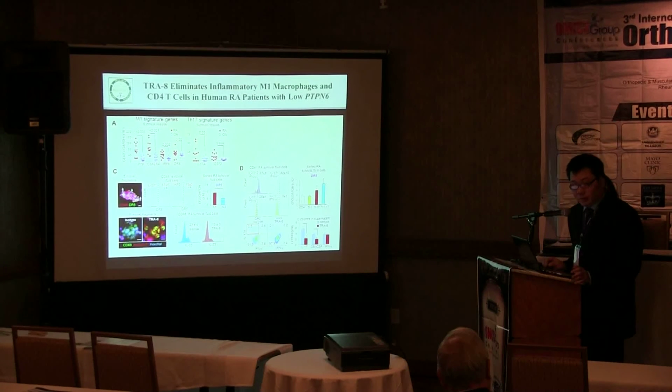It's not from the blood. There is a very low level of macrophage in the circulation, but we definitely can differentiate macrophage using human monocyte from the PBMC. But there might not be much macrophage in the circulation. So we mainly use the cell from the synovial fluid of the RA patient.